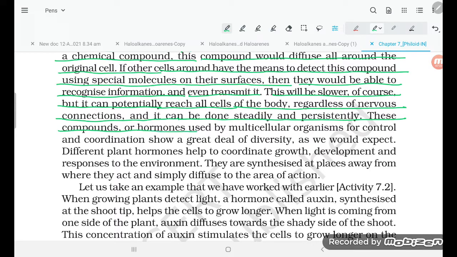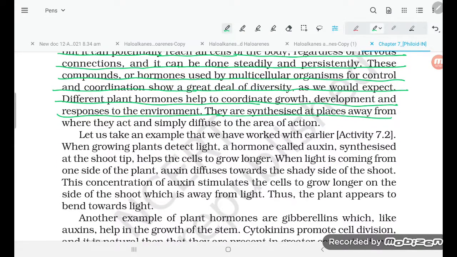These compounds, or hormones, used by multicellular organisms for control and coordination show a great deal of diversity, as we would expect. Different plant hormones help to coordinate growth, development and response to the environment. They are synthesized away from where they act and simply diffuse to the area of action. Let us take an example that we have worked with earlier in Activity 7.2.